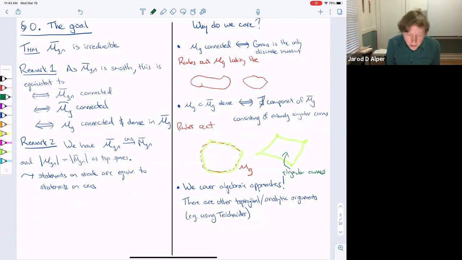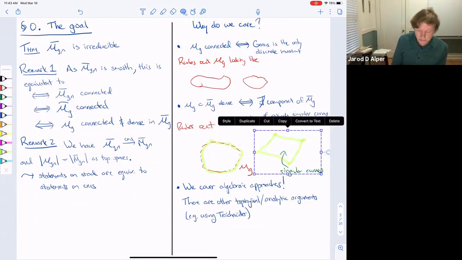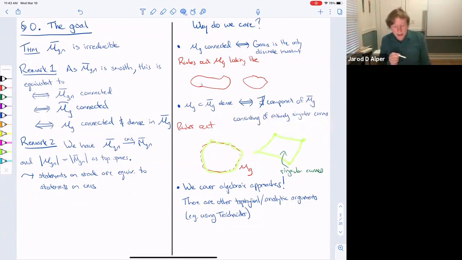And because we know it's smooth, it also rules out the case where these intersect, where there's an irreducible component of M_g. So it rules out having an entire component consisting of singular curves.